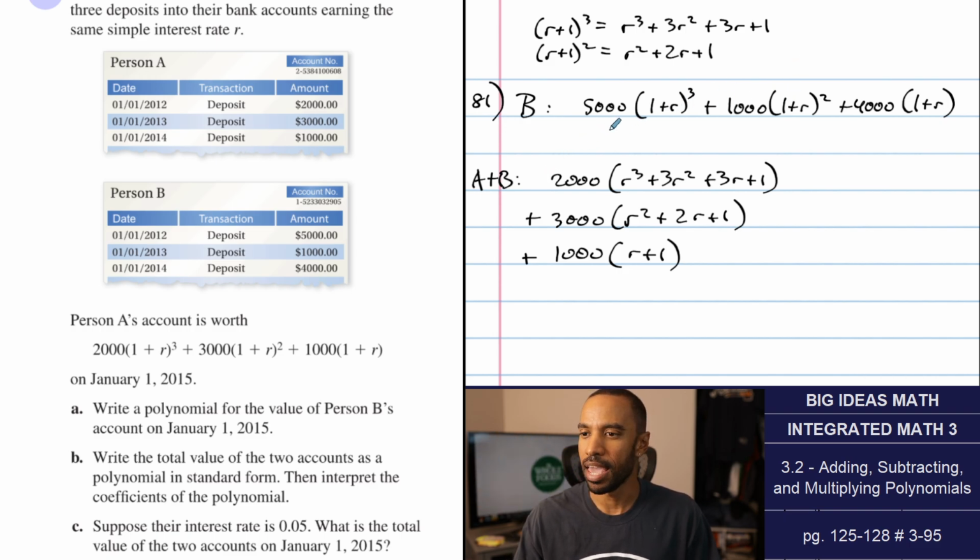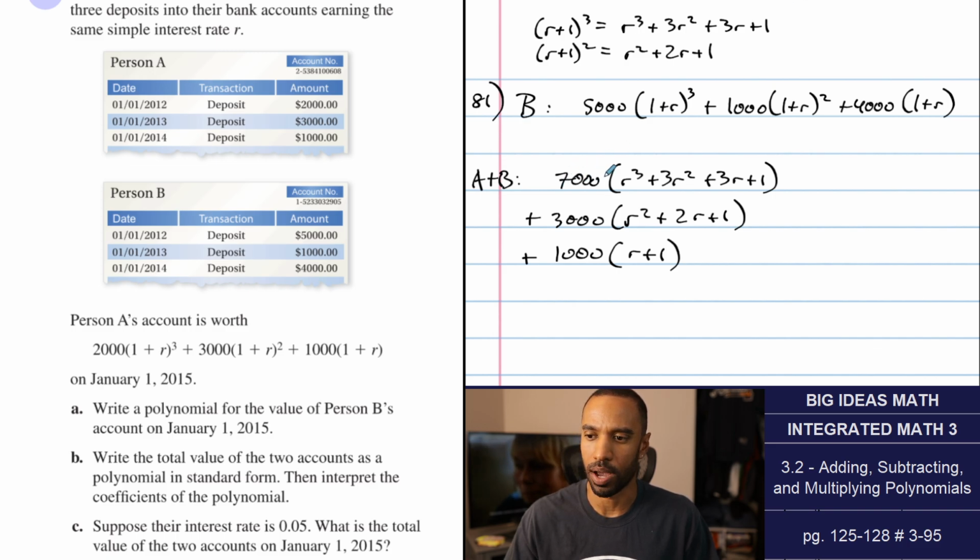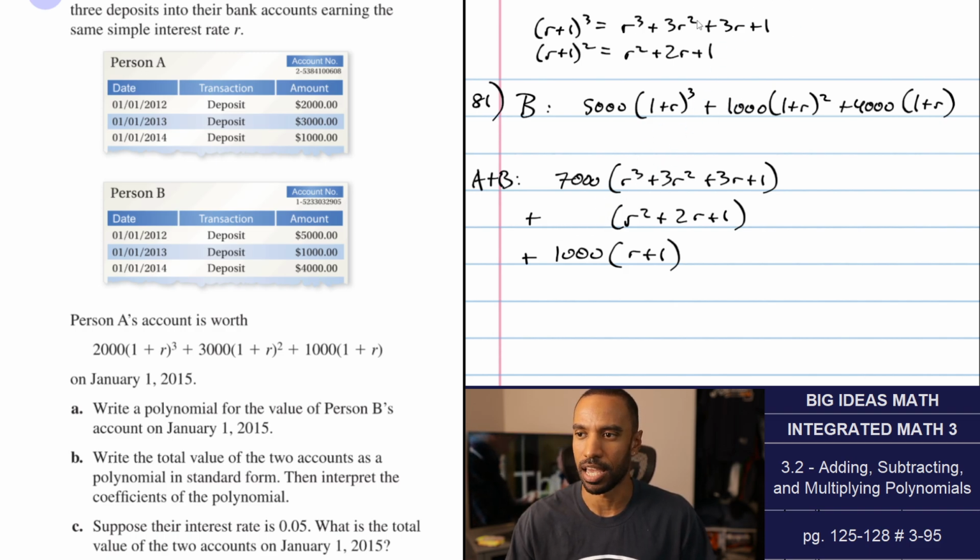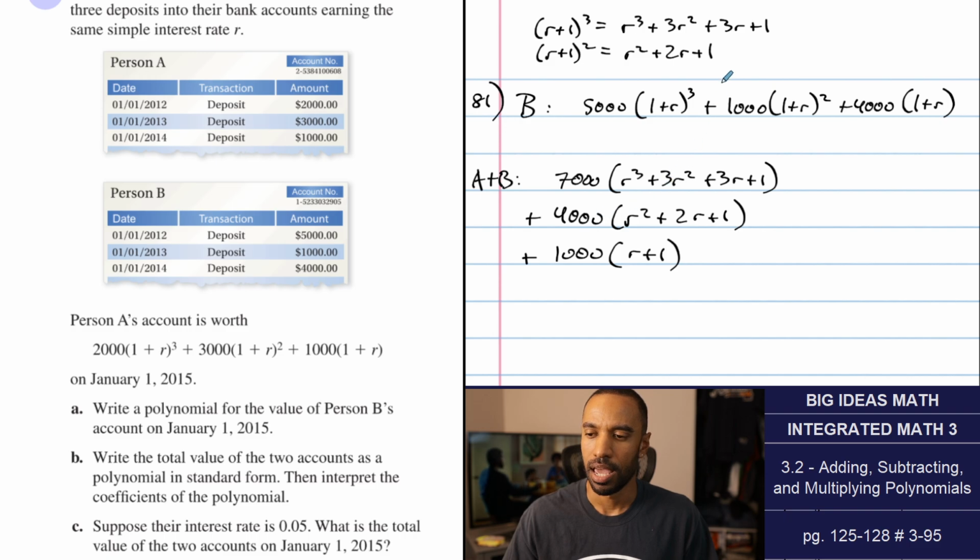A plus B, I can add 2,000 on A with 5,000 on B to get 7,000. I can actually add those up before I distribute, so I don't have to do it twice. So 7,000. And then 1,000 on B plus 3,000 on A is 4,000 for the second set. And then 1,000 plus the 4,000 on B is 5,000. Now I can distribute.